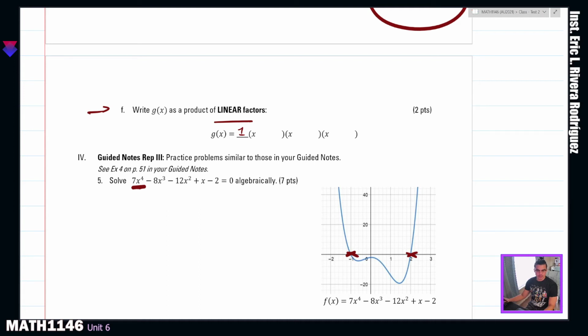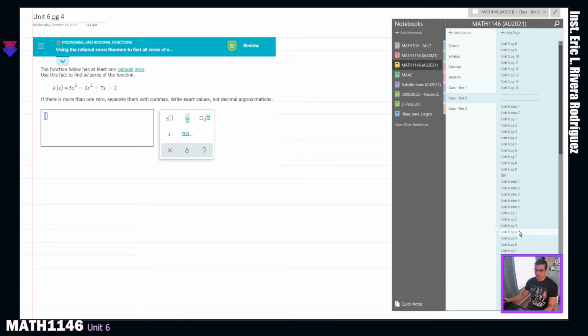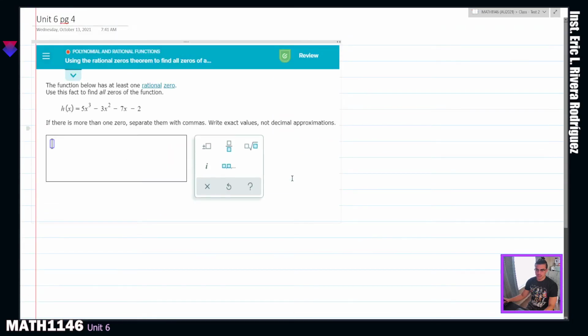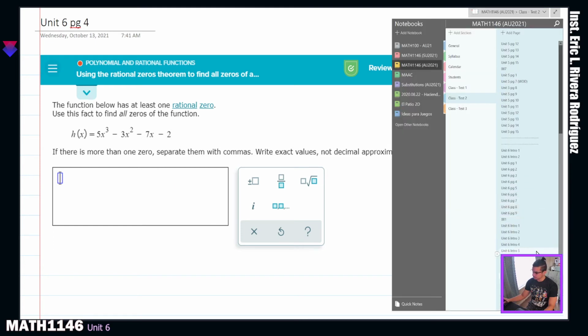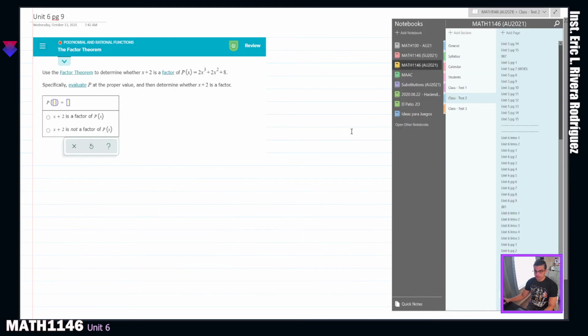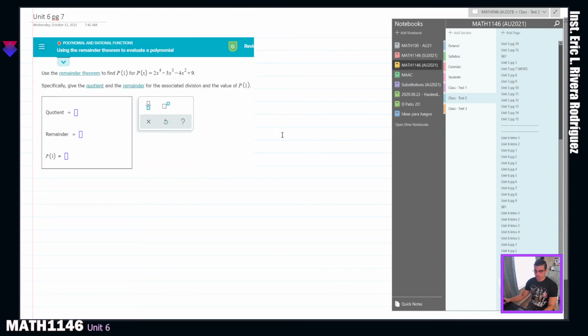A degree 4 or a degree 3? Which one do you prefer to do here? That will help you to understand this process, and then we can practice more. So I have this one, which is degree 3, where we need to do all those processes, and I have this one, degree 4.